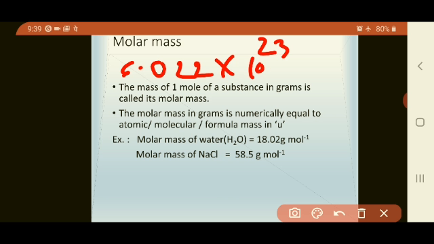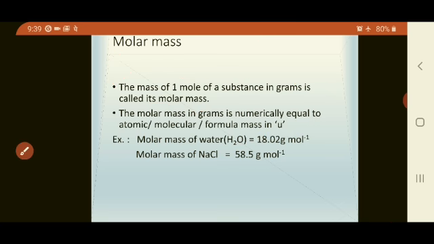Right? So, the mass of 1 mole, that is, these many particles in gram, is called its molar mass. Molar mass in gram is numerically equal to the atomic mass for an atom, the molecular mass for a molecule, and the formula mass for a formula unit, and it is taken in terms of u, that is, unified mass.